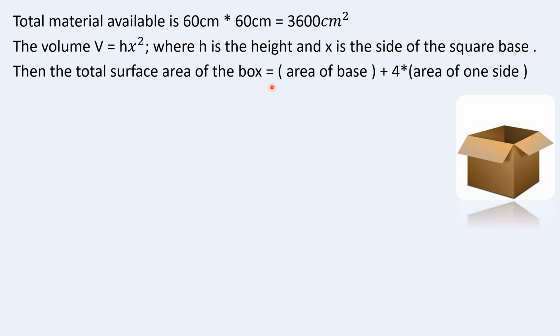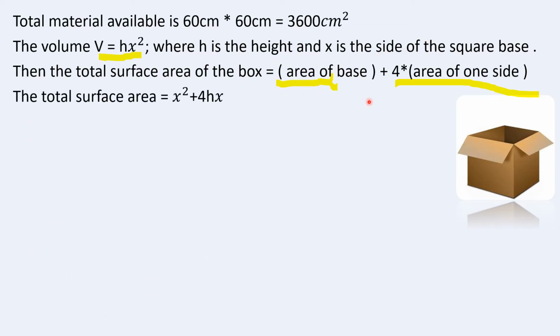There are some key parts of these equations that we have to highlight and take note of: the volume, the area of the base, and 4 times the area of one side. Those keywords are very, very important.